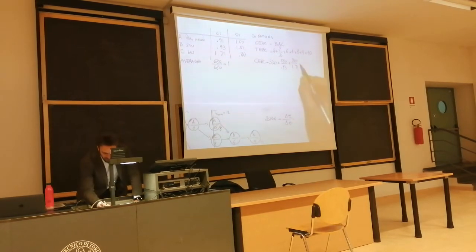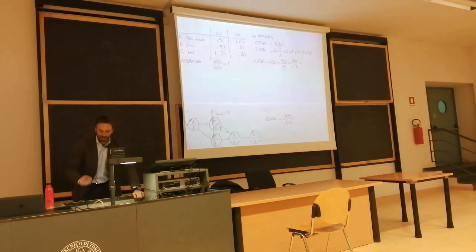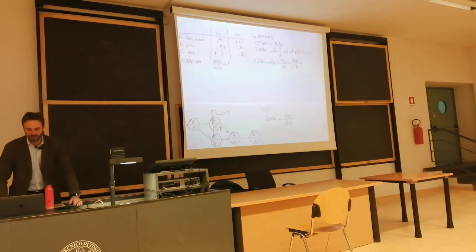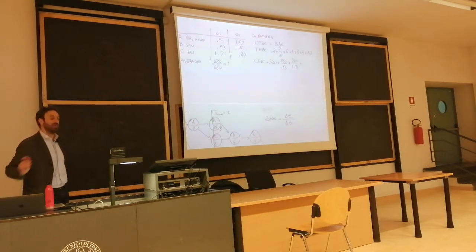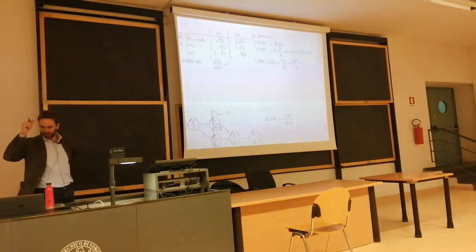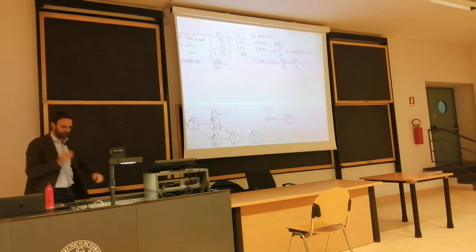Plus original cost for D, E, F, and G. The summation of original cost of D, E, F, and G accounts for 1 million. It's 200 plus 100 plus 600 plus 100.